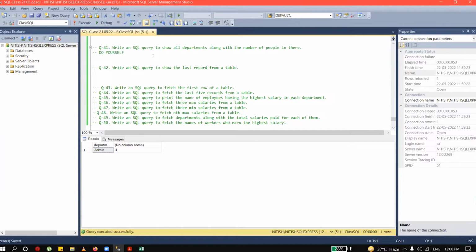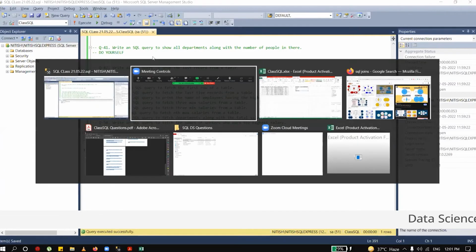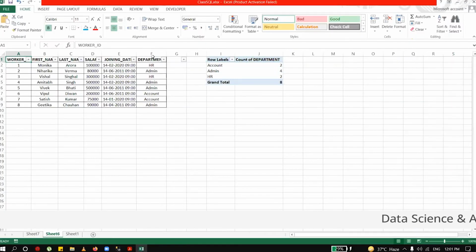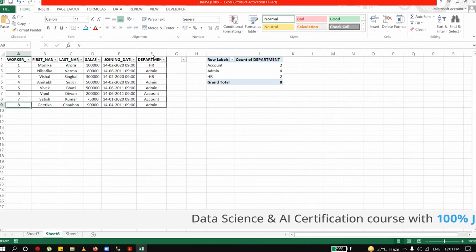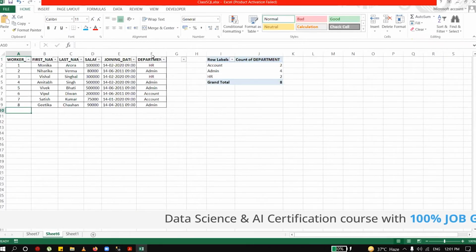What we mean by the last record is that you can keep anything as reference, like worker ID or salary. But as the data is being filled, assuming that worker ID at the top is first and the last one is last, I'm looking for wherever the worker ID is the last one I have to catch.